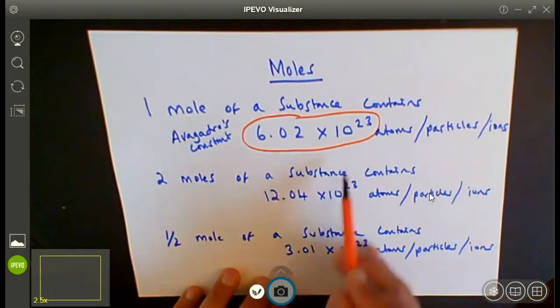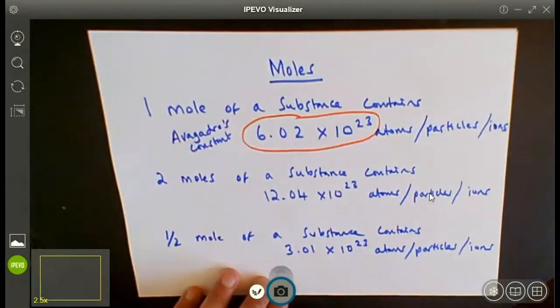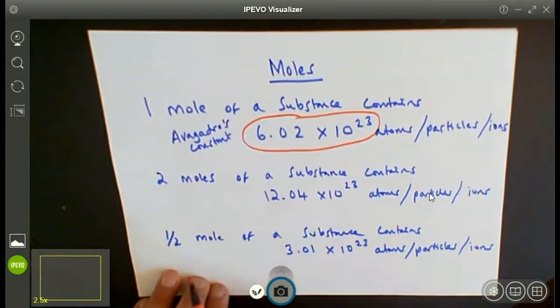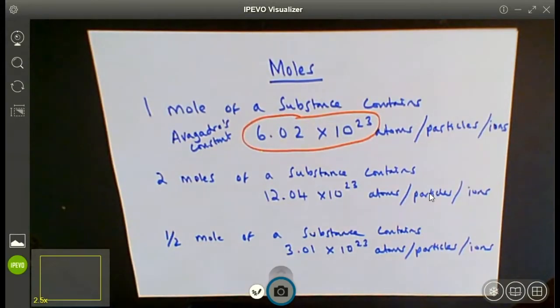So we're just twice or double the actual number, Avogadro's constant. And if we have half a mole of any substance, that would contain 3.01 times 10 to the 23 atoms, particles, or ions. So you can see we've halved that Avogadro's number. Okay, so that is where the moles is.